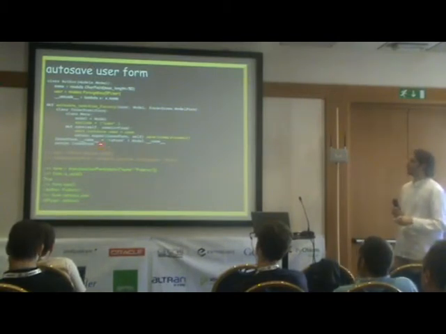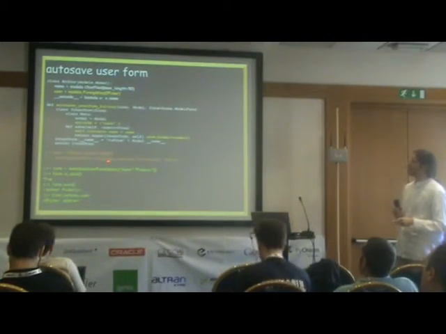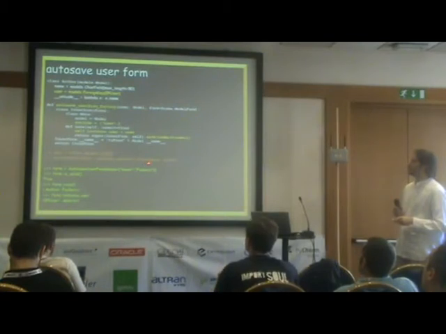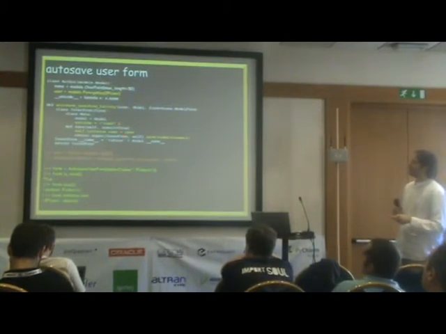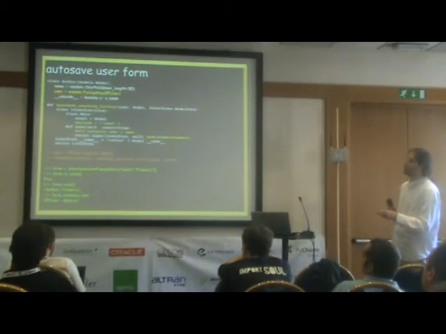Okay? This can be used in a simple mode like before. I say autosave user form factory, passing one user and one model. You can use this factory also for different models that have a user foreign key.